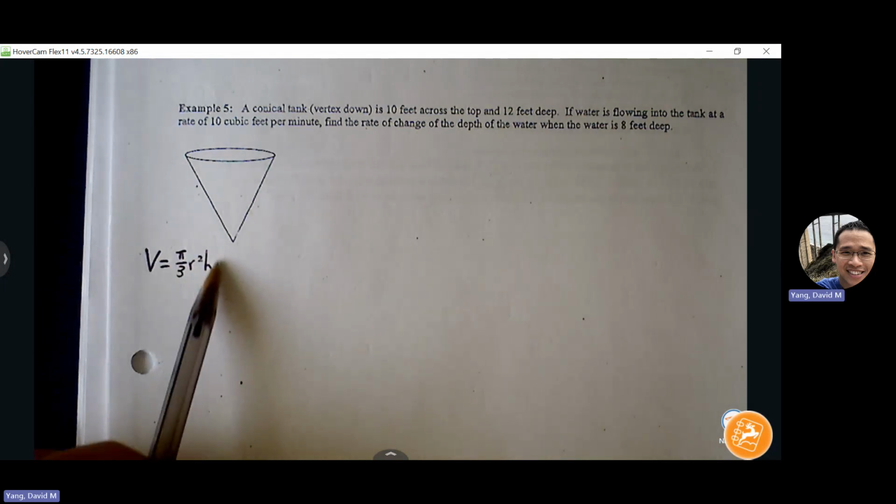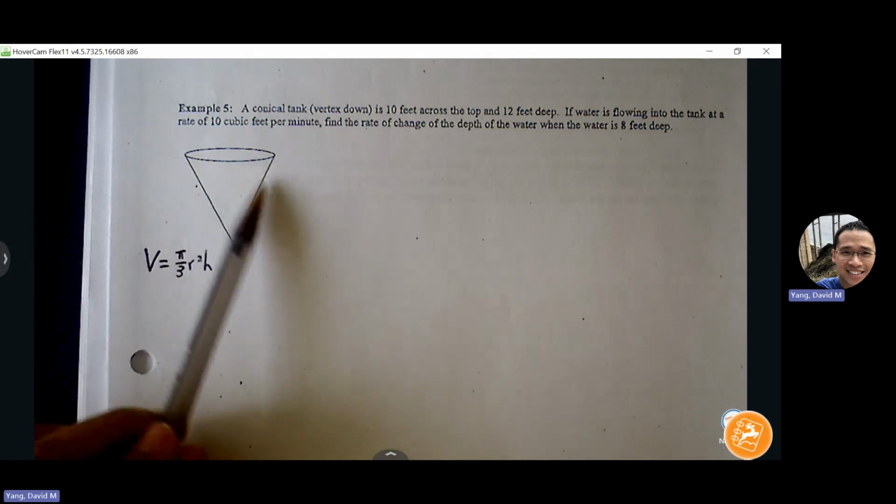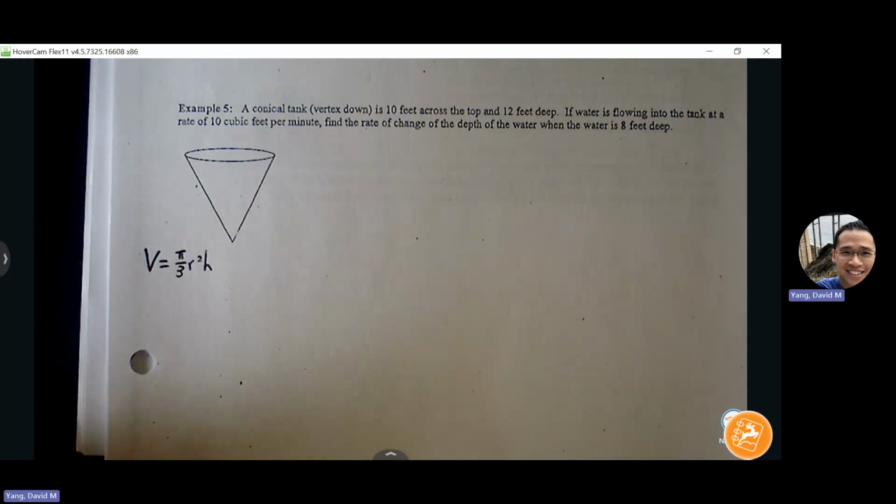So we have to find a way to get our radius and height down to one variable. And the good thing here is that we can actually find a relationship between radius and height because of the way that the cone is shaped and because we have similar triangles that we can use to create that relationship.